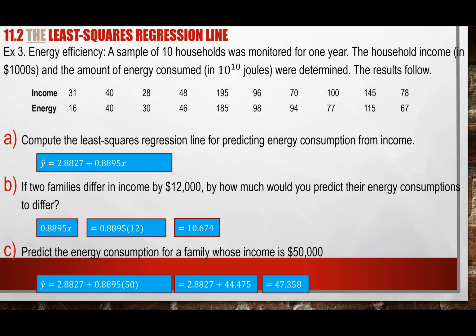So we expect that, on average, a family with 50,000 income should use 47.358 energy consumption each year.